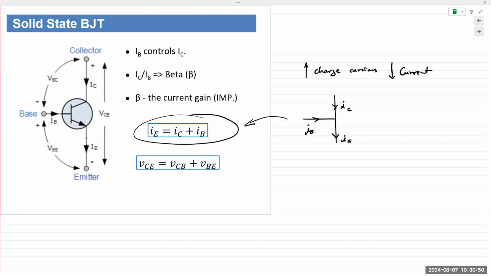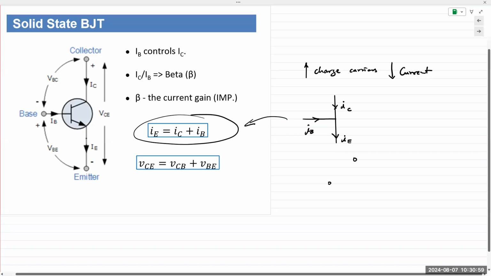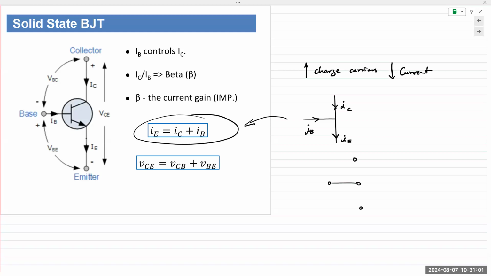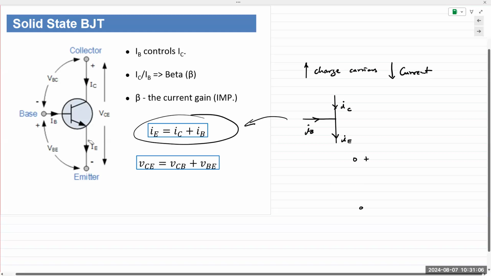And if you think in terms of nodes for the three terminals, you have three voltages. Let's just do three nodes.